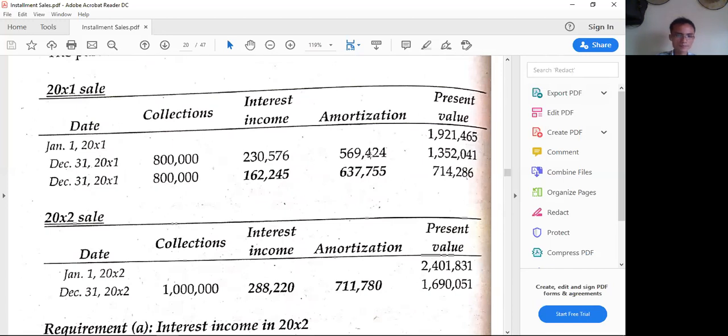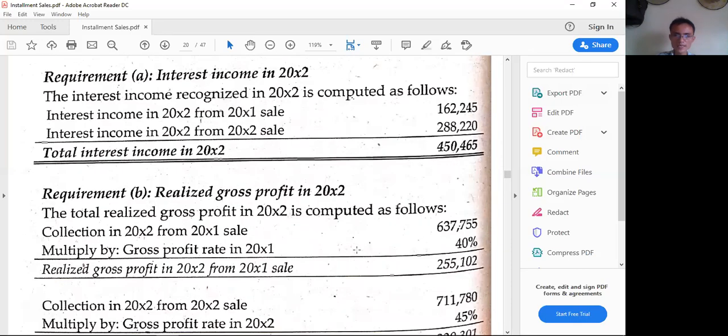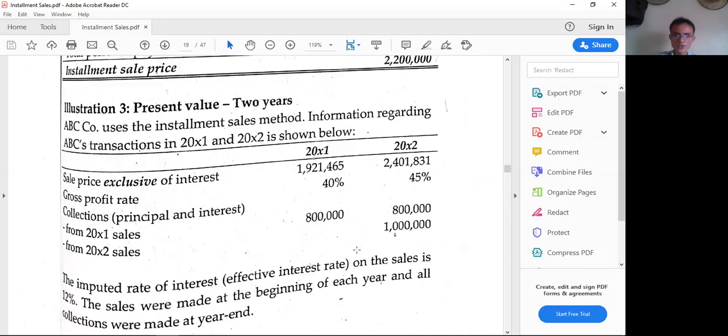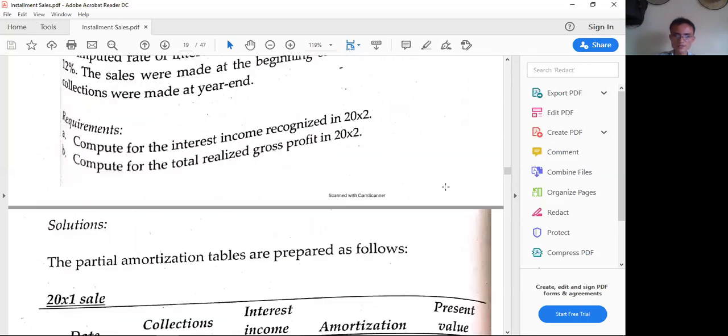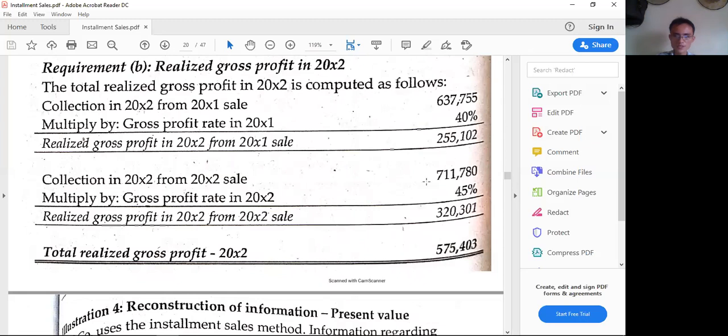And, oh, this should have been December 31, 20x2. That's why. This is 20x2. Then this one and this one. To be multiplied to the respective rates, we have here 40% and 45%. So 600,000 plus times 40%, okay, and 700,000 plus times 45%. That would be the total realized gross profit.